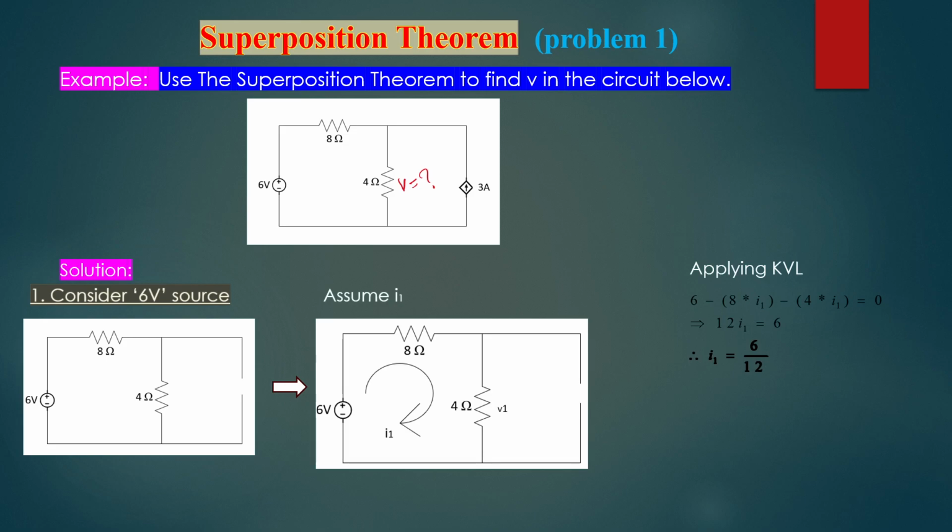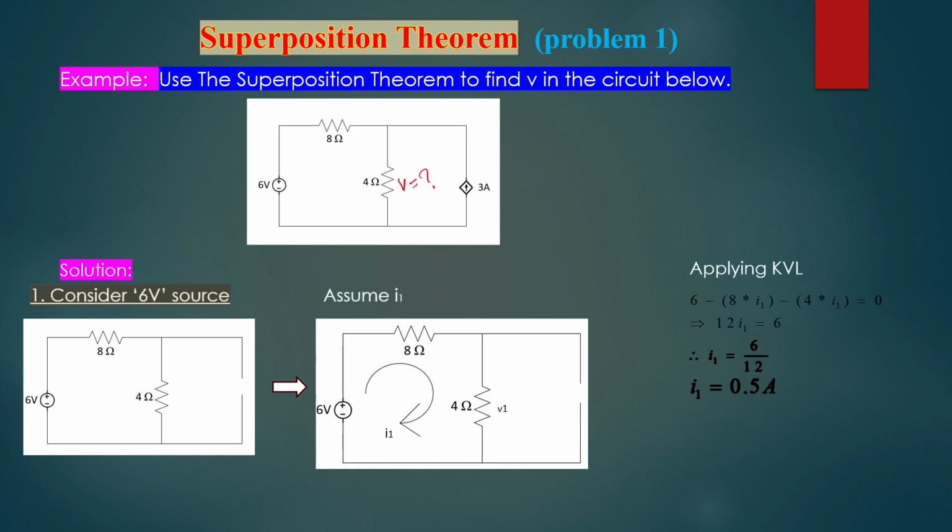The algebraic sum of voltages in a loop or mesh is 0. So from there we get 12 I1 is equal to 6, so I1 is equal to 0.5 ampere.